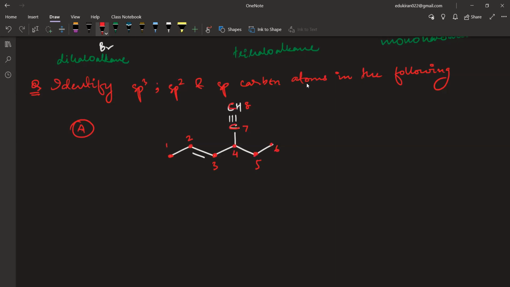Seven carbon, 8 carbon. You have to tell me sp3, sp2 या sp सबके बारे में. Okay, please start writing this. And then there is another question.